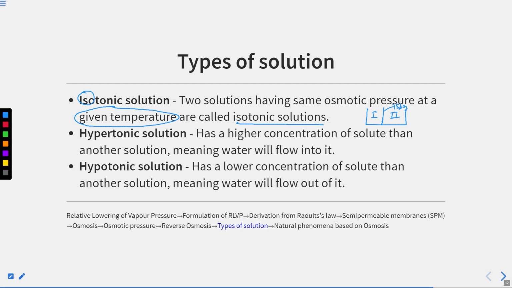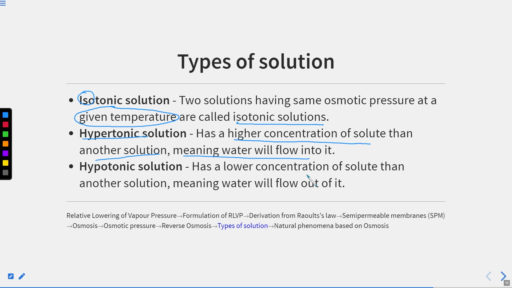Next is the hypertonic solution. So what is a hypertonic solution? It has a higher concentration of solute than the other solution, meaning water will flow into it. Suppose we take the example of a blood cell.